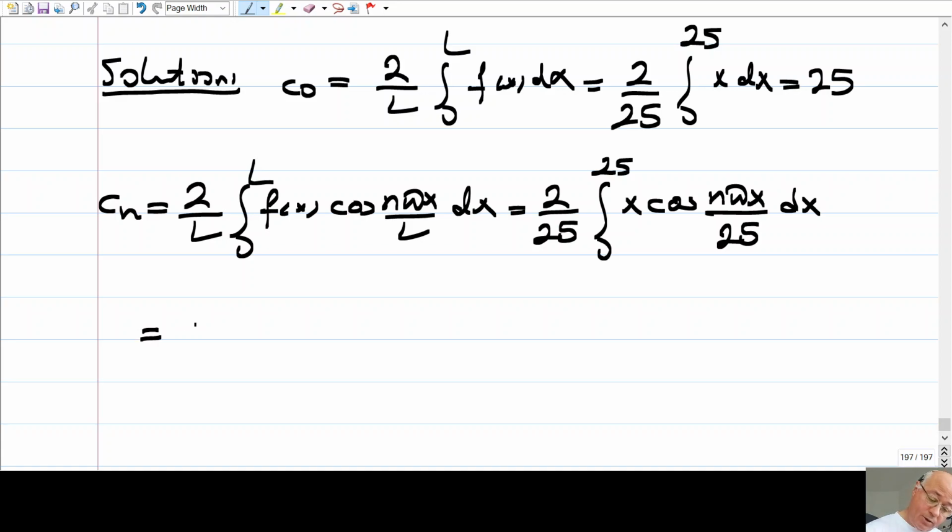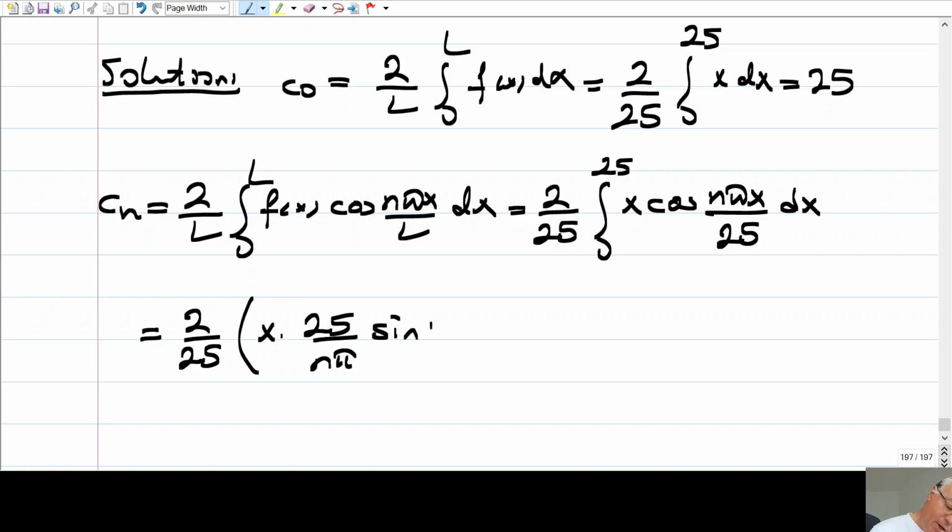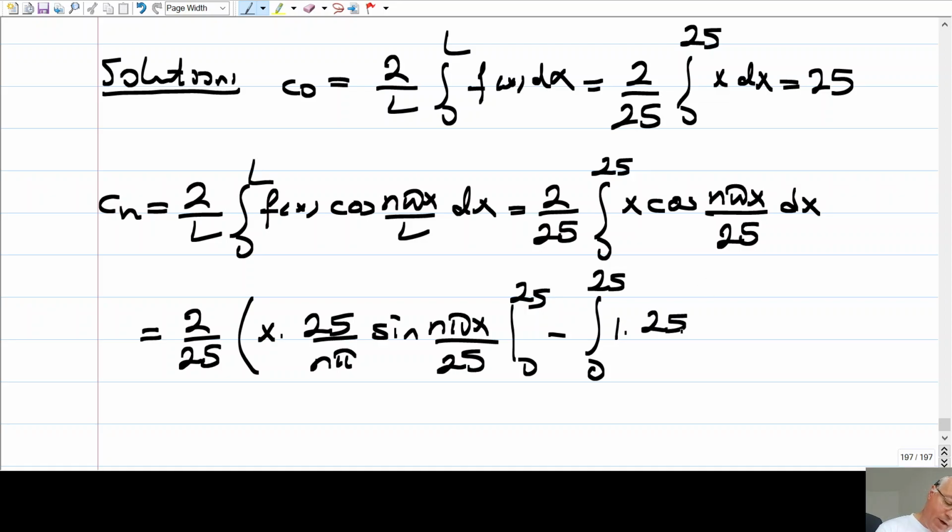We use integration by parts: x times 25 over n pi sine n pi x over 25, from 0 to 25, minus the integral from 0 to 25 of 1 times 25 over n pi sine n pi x over 25 dx.